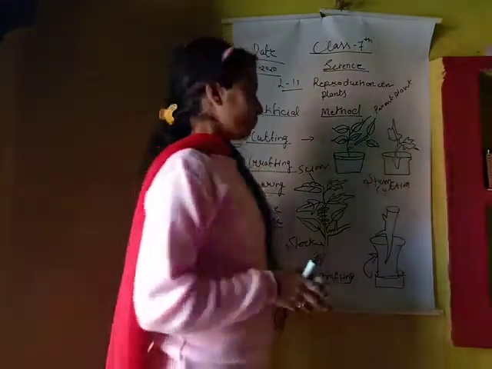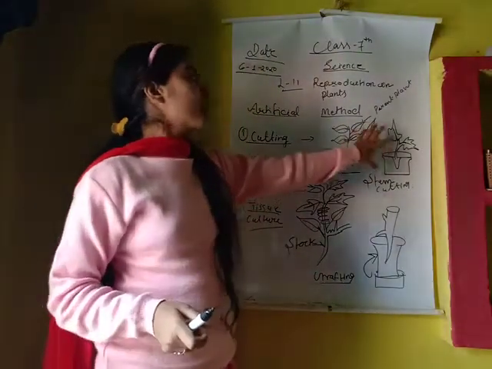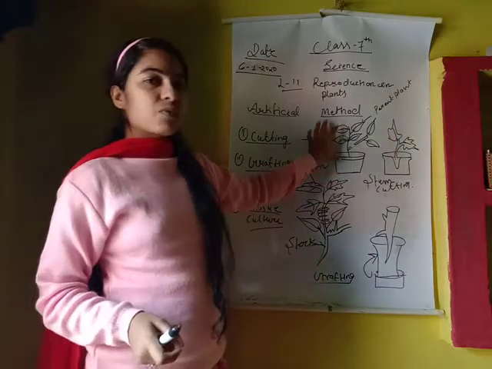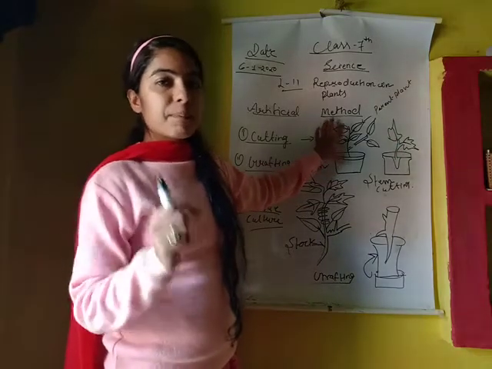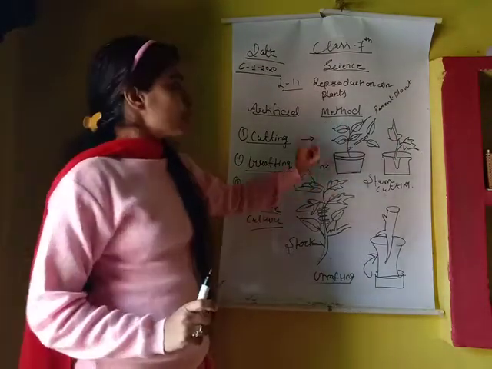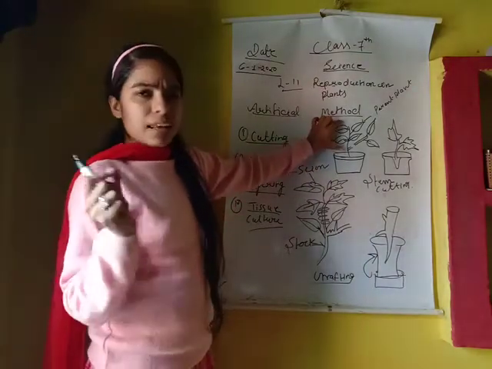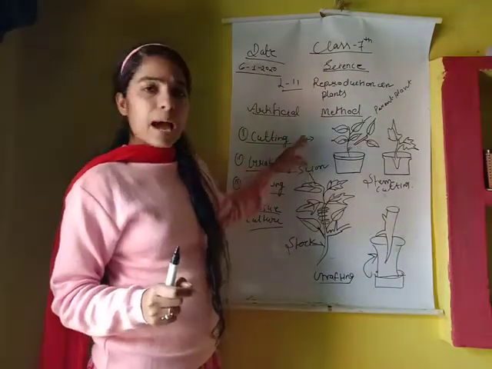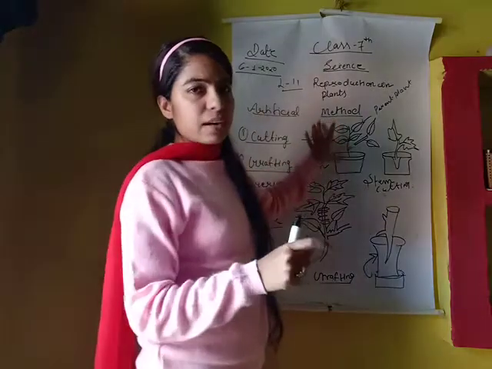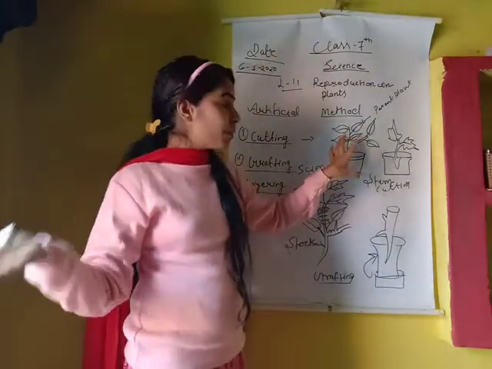Okay, so this one is an example of cutting I have made here. Suppose this one is the flower, this one is the plant of a rose. So what you have to do in the cutting process? Very simple, you have to cut the stem of a plant, a rose plant, or you can say take another plant also.